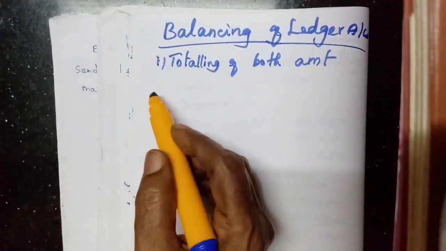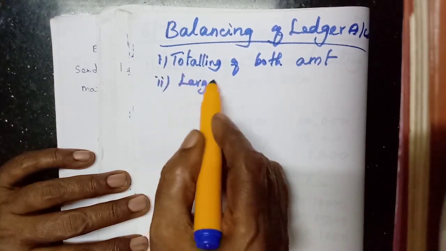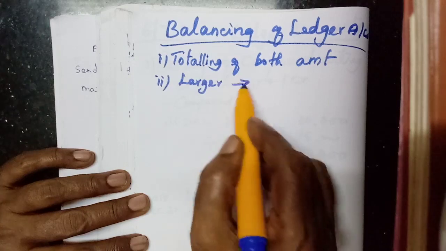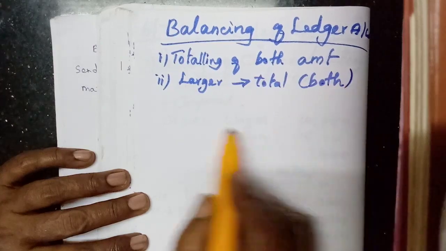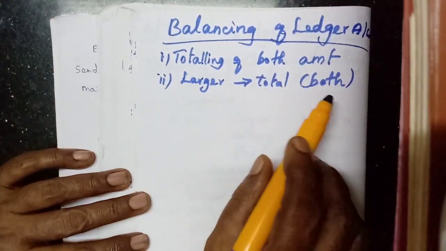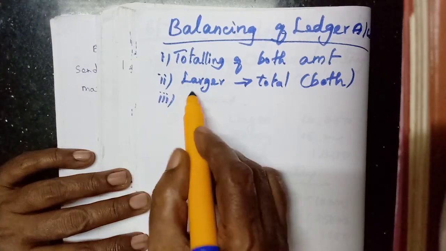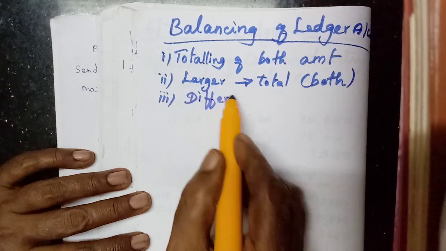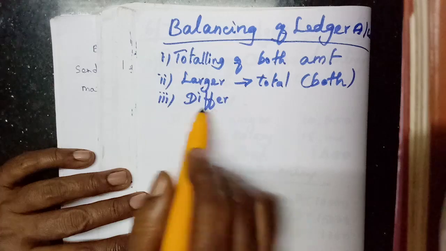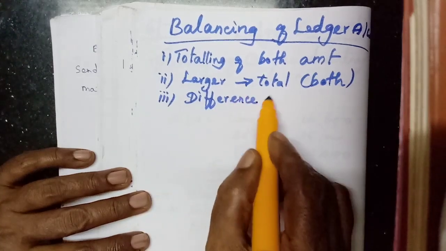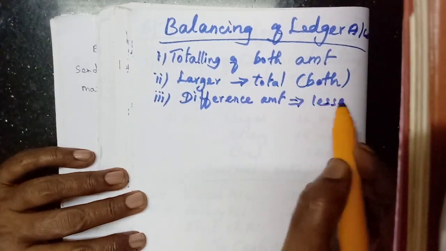Then we have to write the larger total in the total column, on both sides. Then we need to find out the difference between the two amounts. Both sides we are totaling, no? The larger amount we are writing. Now you subtract and find out the difference amount. The difference amount will be entered in the lesser amount column.